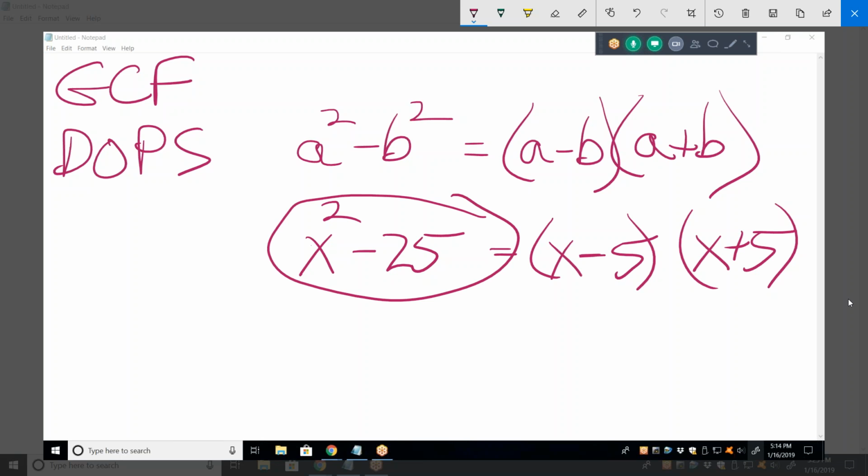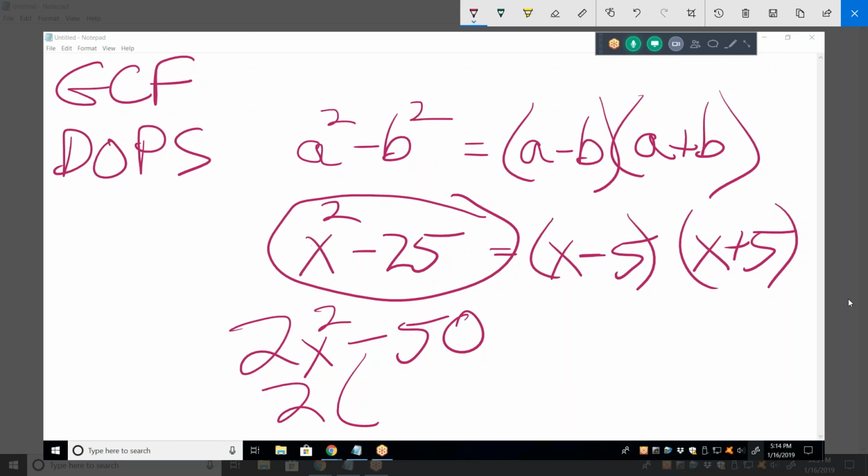And it also might come disguised. It might come like this. When you look at the bottom thing, you'll notice that that is not the difference of perfect squares. 50 is not a perfect square, nor is 2x squared. But after I factor out a 2, what have I got? x squared minus 25.